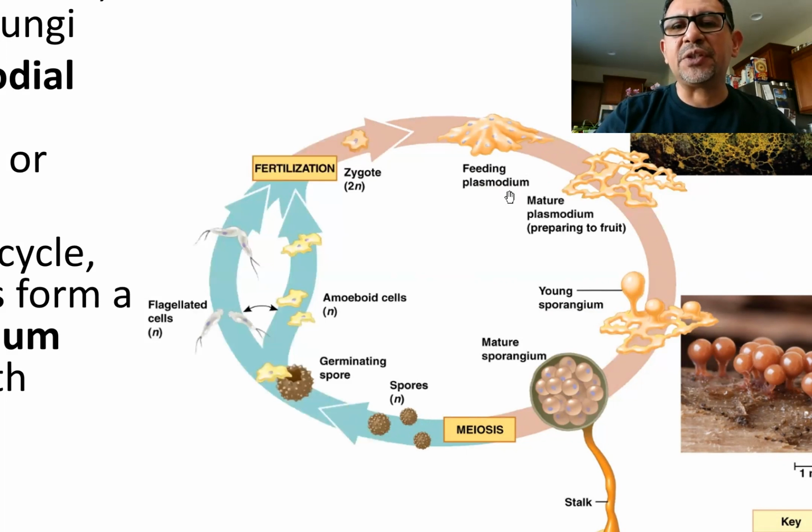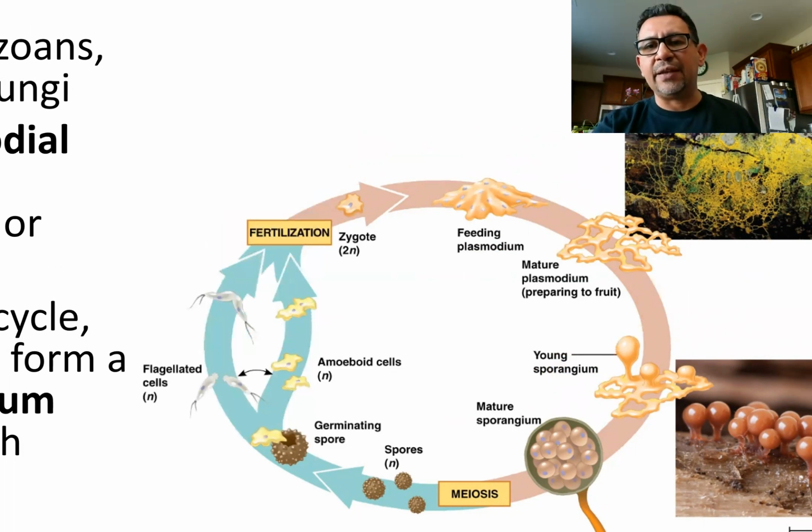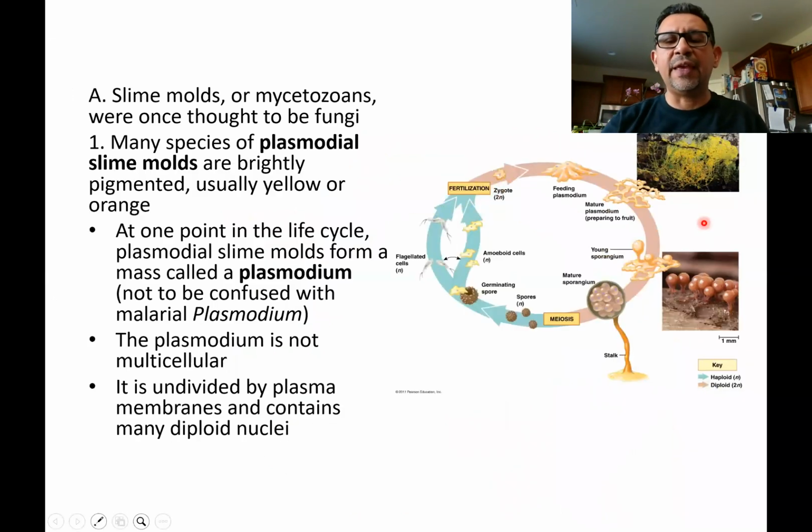This turns into the feeding plasmodium, where mitosis continues, but only dividing the nucleus. However, the cytoplasm never gets divided, and it goes in search of food, decomposing organic matter found at the forest floor. That's going to be the cell cycle for the acellular slime molds.